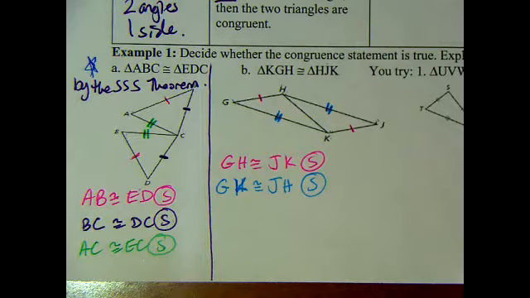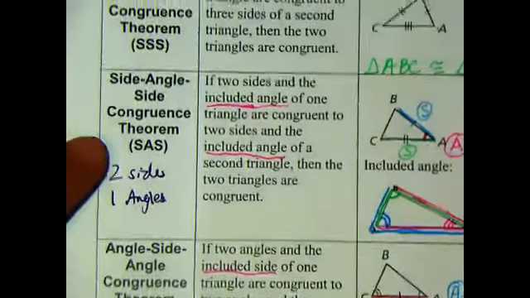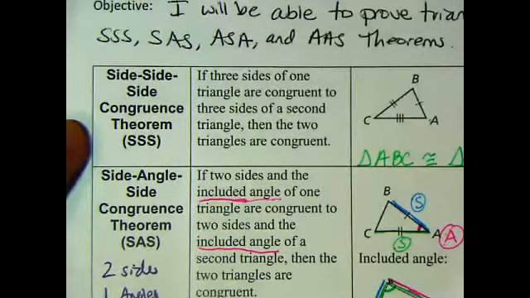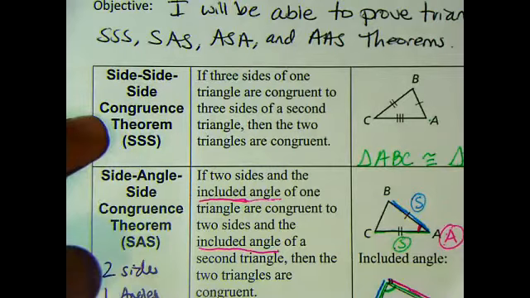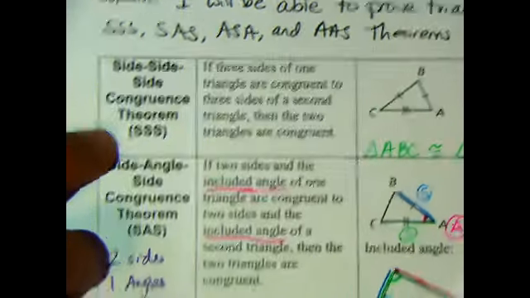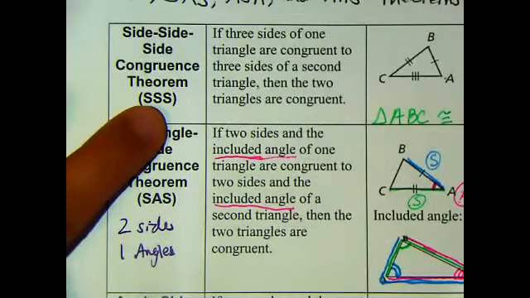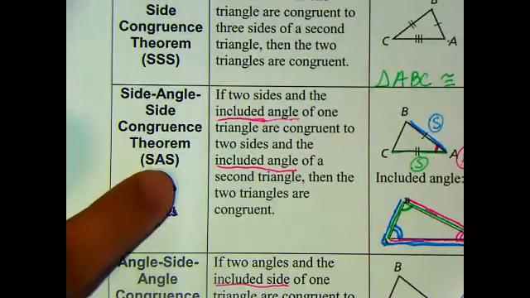Okay. So I have 2 sides. So that means that it can either be side angle side, or it can be side side side, because these are the only two theorems that have two sides. So I can either try to find a third pair of sides that are congruent, or I can try to see if there's an included angle that's congruent.